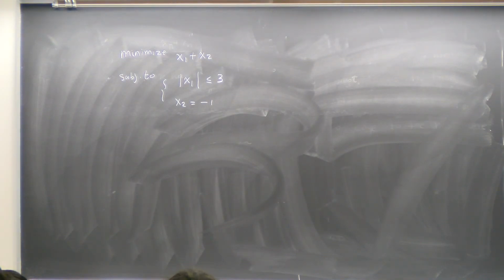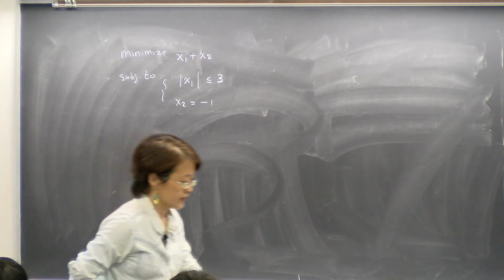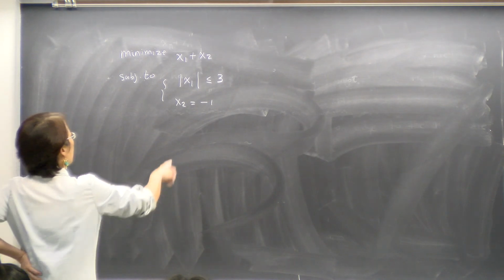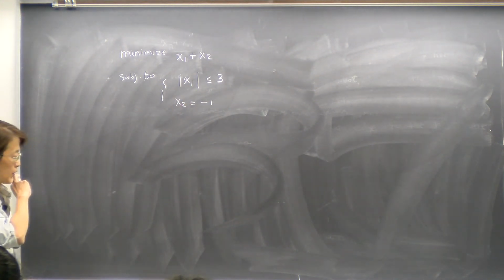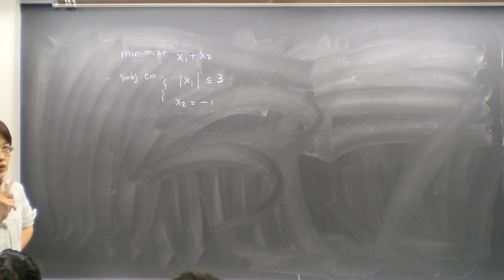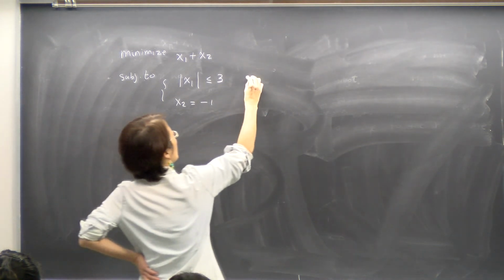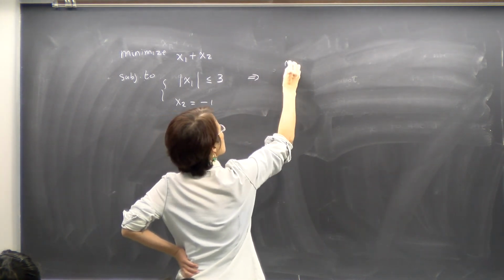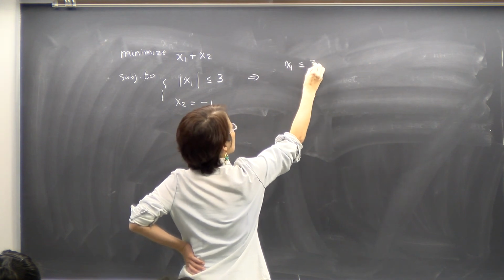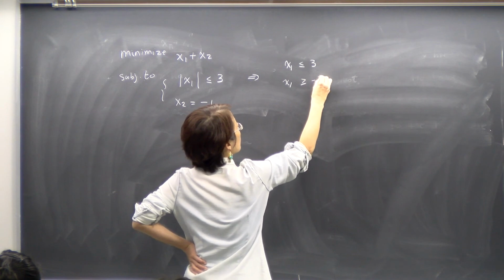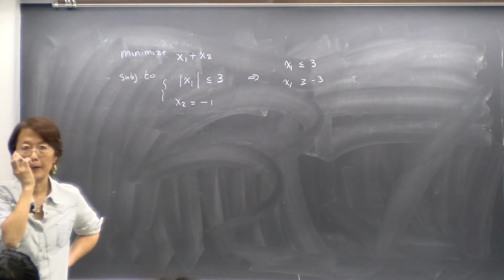These are the worst case. So now for the absolute value, you have to break it up into two inequalities. Is that right? So this one, you will break it up as x1 less than 3 and x1 bigger than -3. Okay?